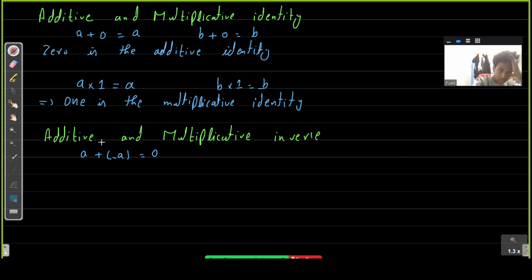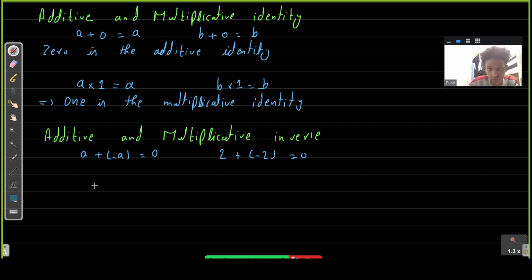So by adding both numbers, we get the additive identity. It means both of them are additive inverses of each other. A is the inverse of minus a and minus a is the inverse of a. It means 2 plus minus 2 is equal to 0. So 2 is the additive inverse of minus 2 and minus 2 is the additive inverse of 2.